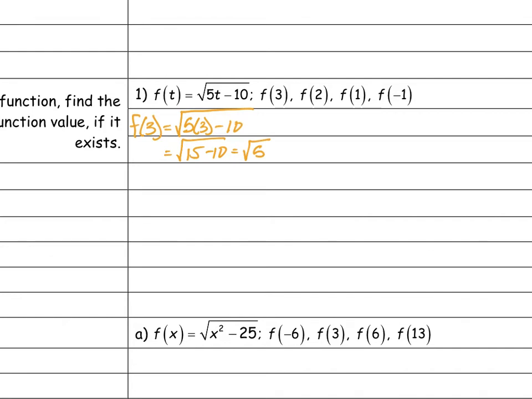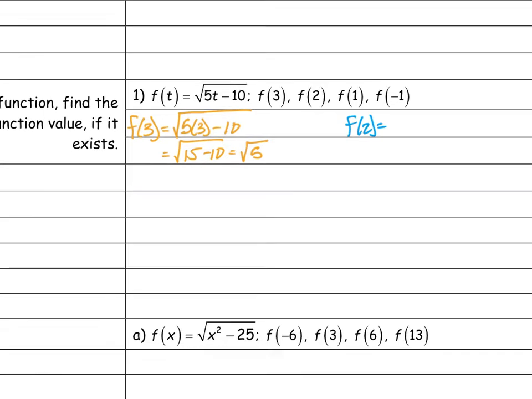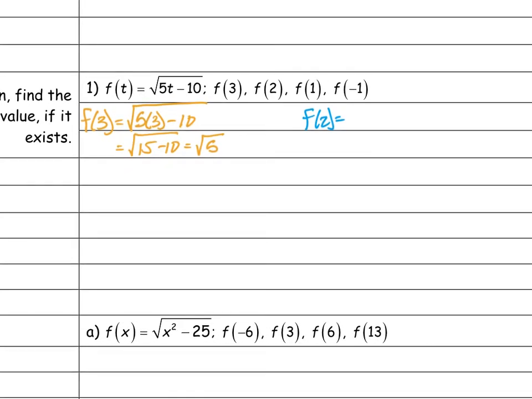And then I'm going to go to f of 2, which is the square root of 5 times 2 minus 10, which is the square root of 10 minus 10, which is the square root of 0, which equals 0. Square root of 0 is easy to find.